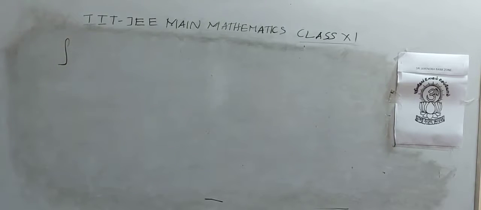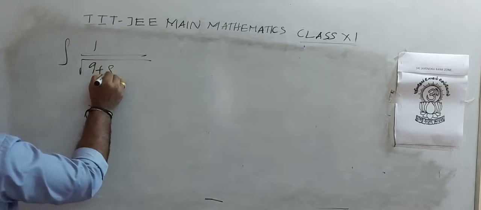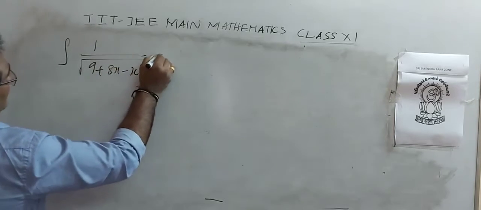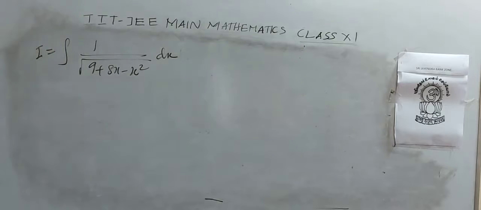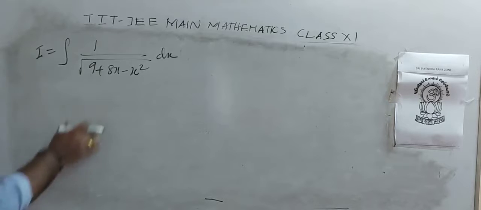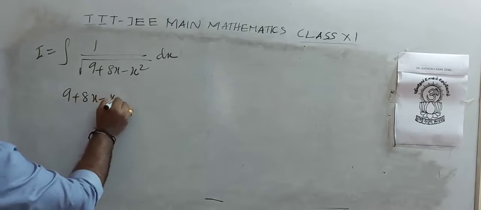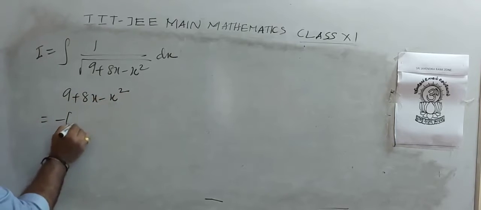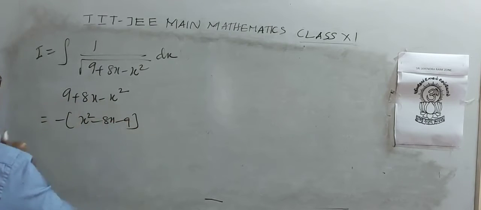Integral 1 by root of 9 plus 8x minus x square into dx. You take this term 9 plus 8x minus x square, minus into x square minus 8x minus 9. You take minus common.